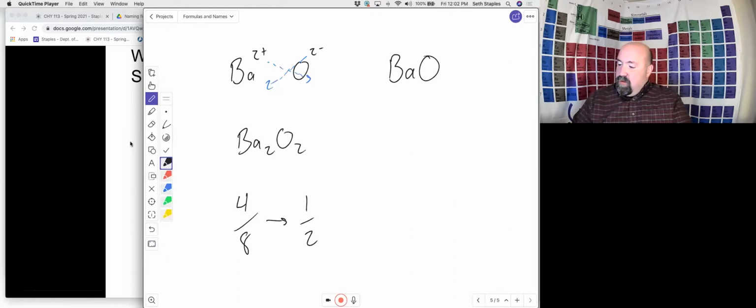Same thing here. You would get Ba2O2 and then just reduce that down to BaO. You will always do that, or you would always have to do that with ionic substances. Ionic substances are always the lowest number whole ratio.